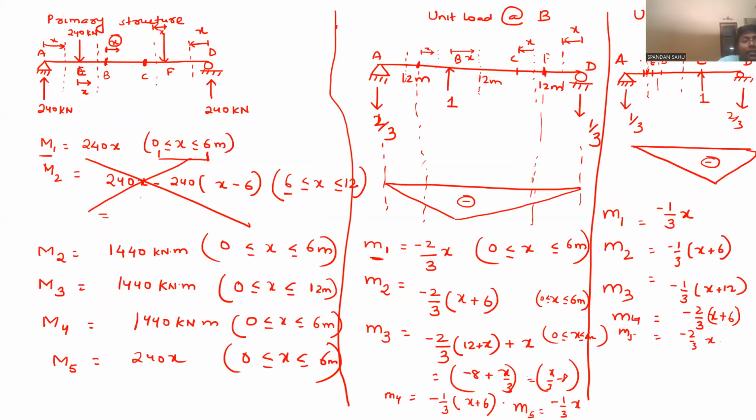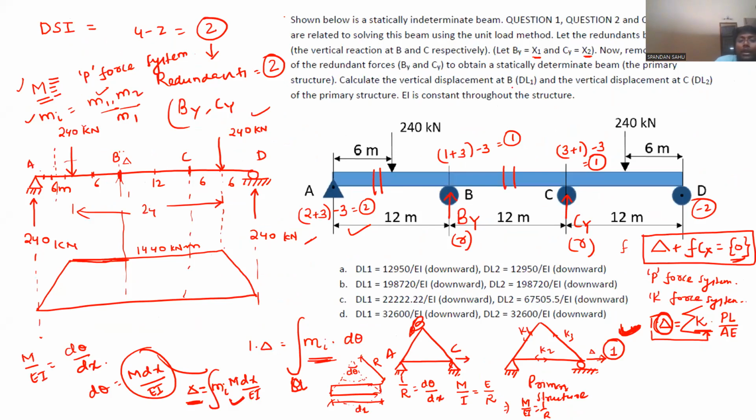They have given: calculate the vertical displacement at B and vertical displacement at C of the primary structure. So for the vertical displacement DL1, how to determine? That will be the integral of m into capital M dx by EI.